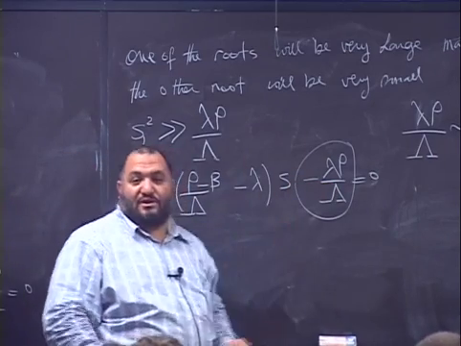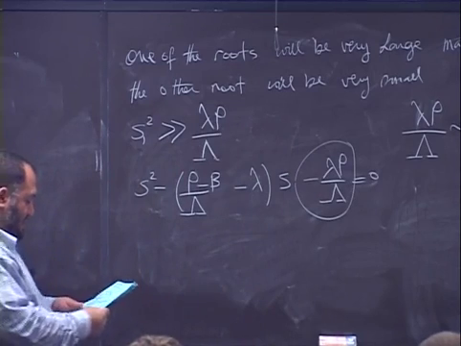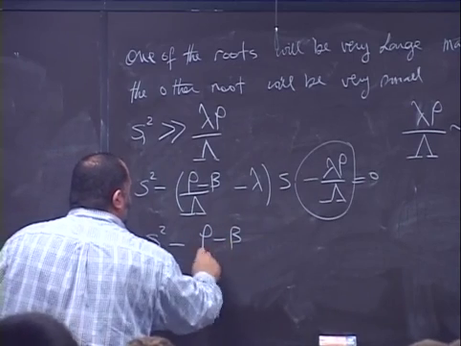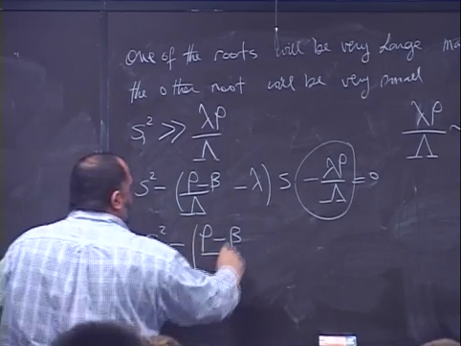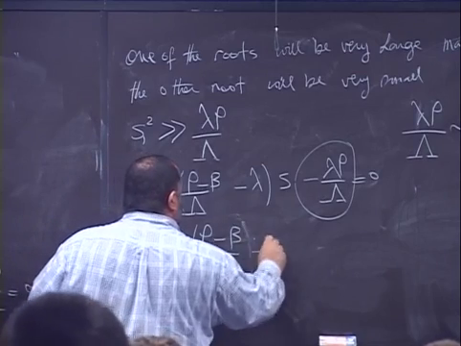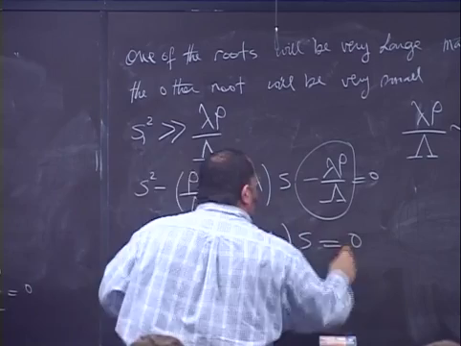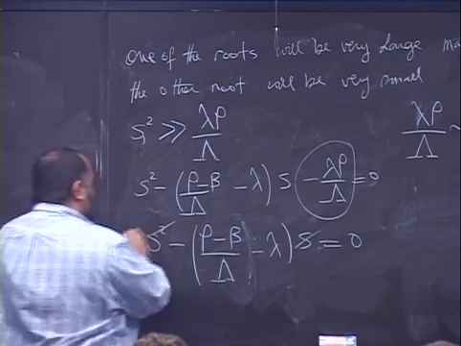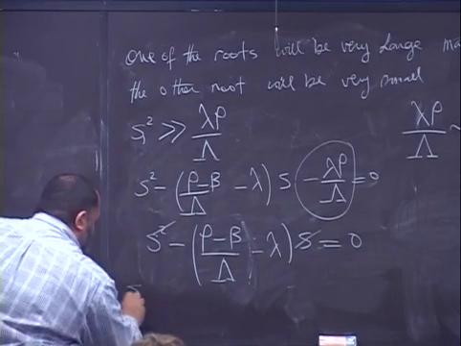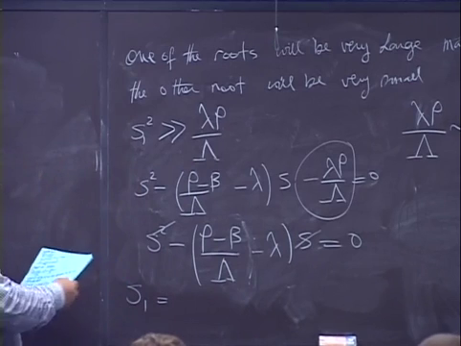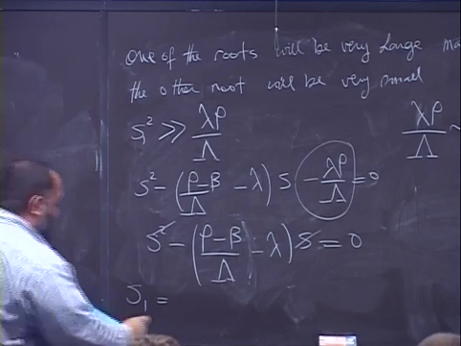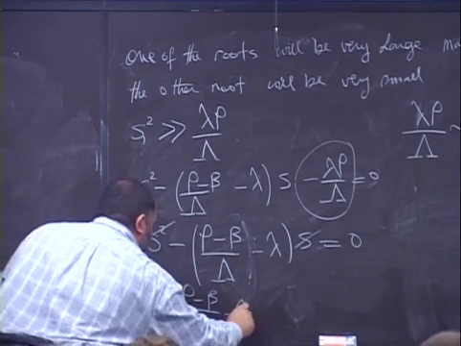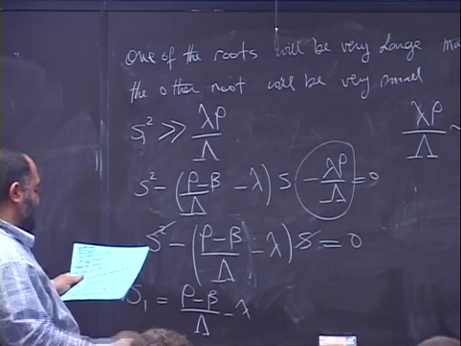So I will take this one term out of the equation, and in this case I will have just S² minus (rho minus beta)/gamma minus lambda multiplied by S equal to 0. I think it is easy to solve. So you will get S equal to what? Rho minus beta over gamma minus lambda.